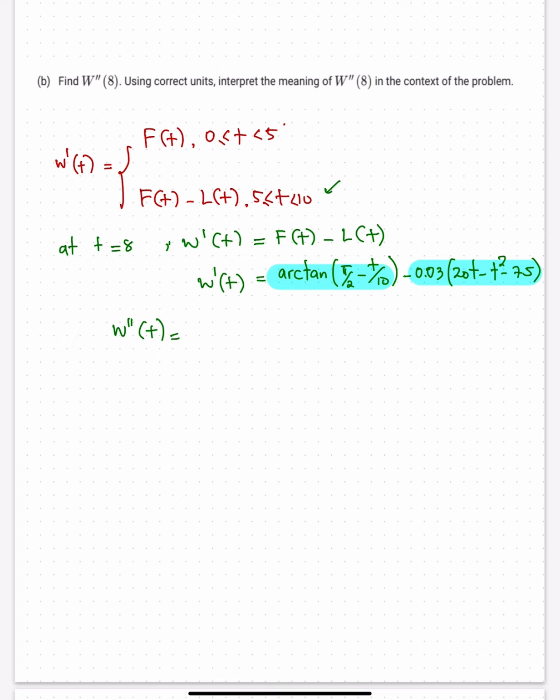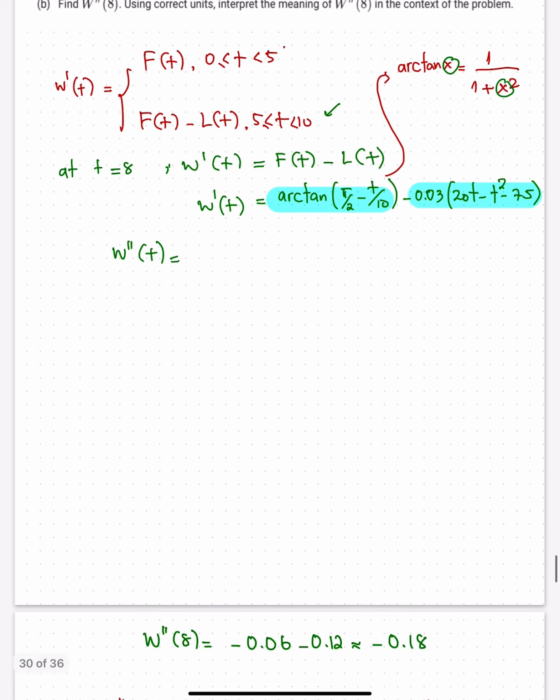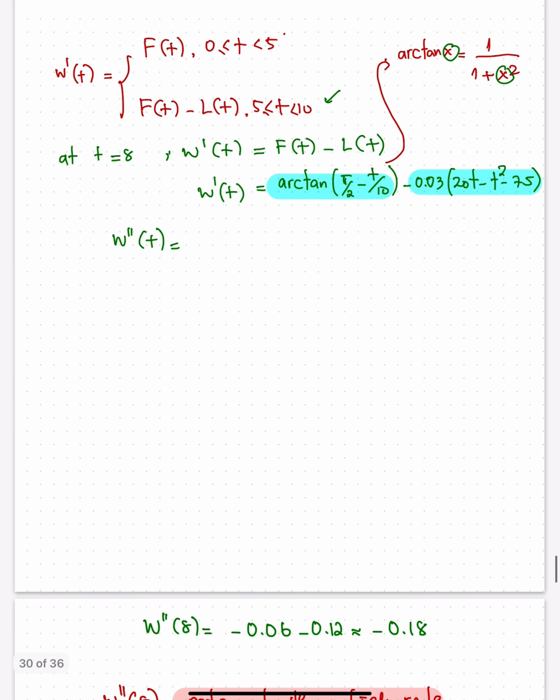What is the sum rule, by the way? The sum rule is that you differentiate one by one. The formula for the derivative of arctan x is 1 over 1 plus x squared. For something that is not just x, you multiply by the derivative of that expression. Here the inner expression is pi over 2 minus t over 10.